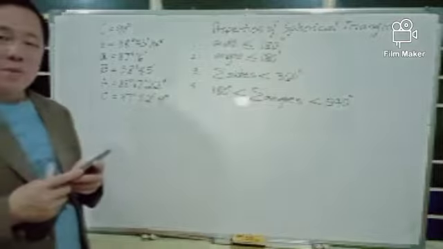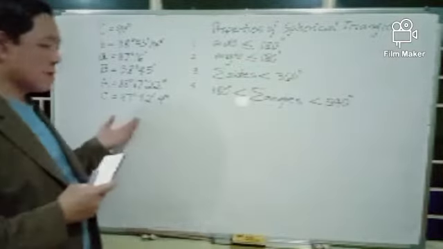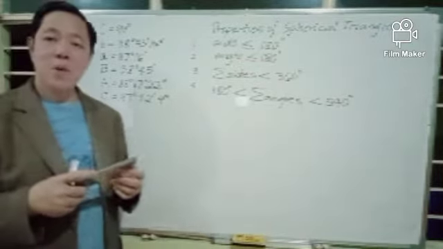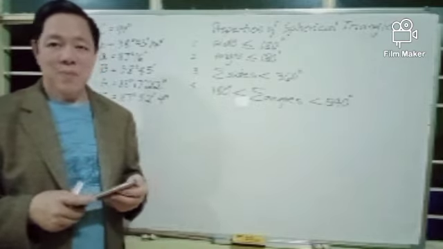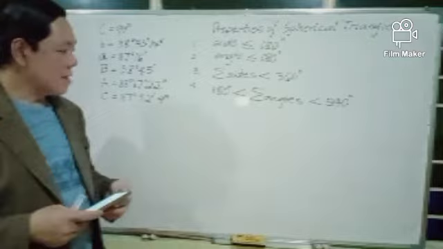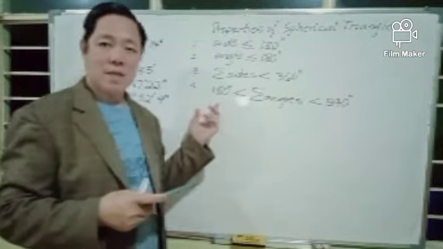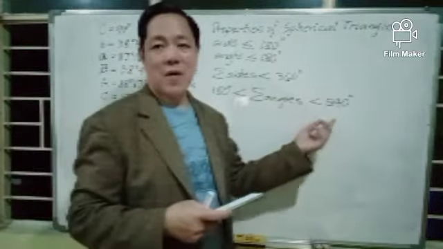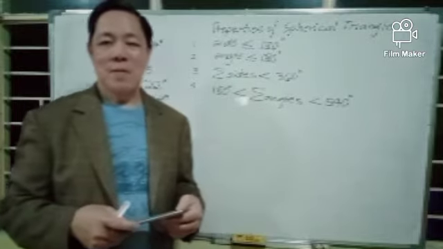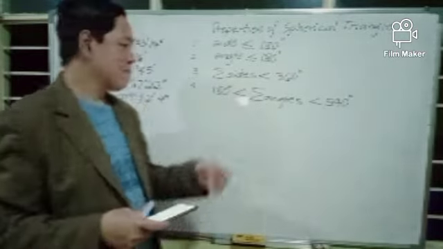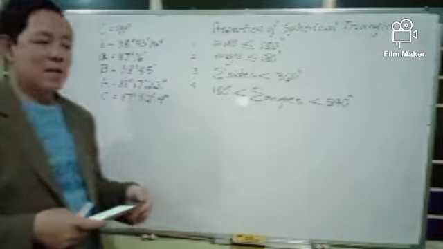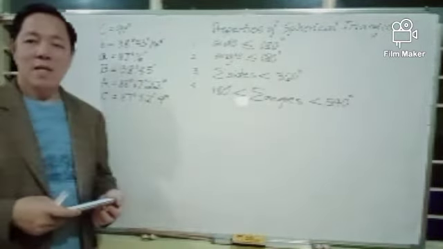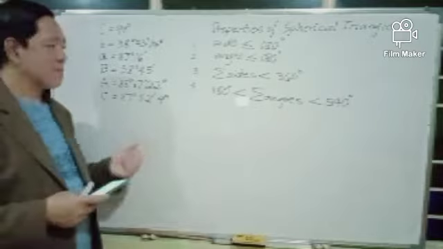The sum of the three angles of this right spherical triangle is 217.04 to 2 decimal places, and it is greater than 180 degrees but less than 540 degrees. Hence, the fourth property of spherical triangle is satisfied by our right spherical triangle here.